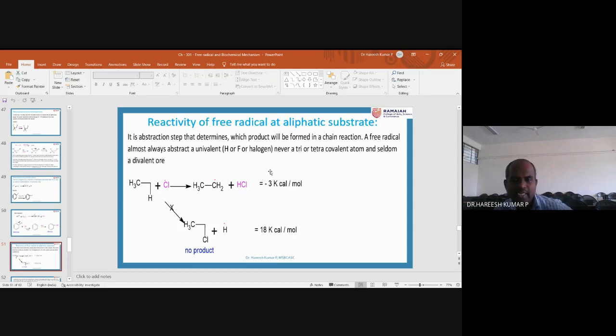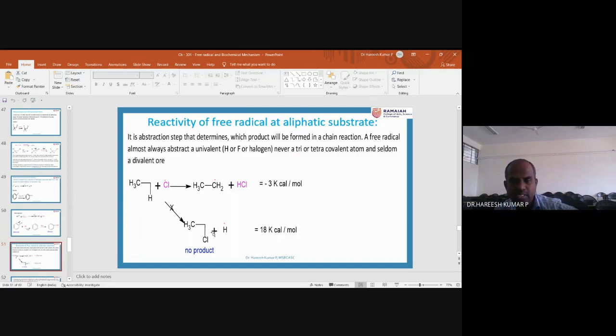And here the energy required is -3 kilocalories. The minus indicates that it is a feasible reaction as per the thermodynamics. Suppose there is formation of the radical and then reaction of this formed radical with chlorine, that means ethyl chloride. The ethyl chloride is not formed in this reaction because it requires 18 kilocalories per mole.